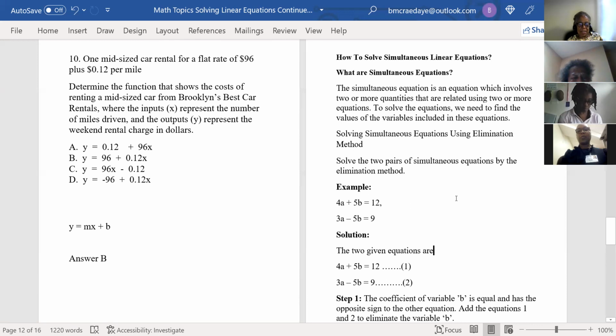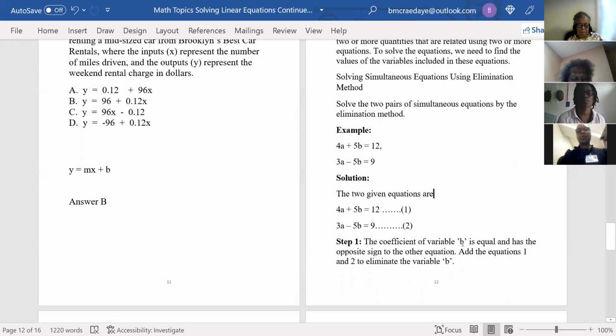So you can add the equations to eliminate the 5b. 4a plus 5b is 12, 3a minus 5b is 9. So you have equation 1, equation 2. But the coefficient of the variable b is equal. Same thing, 5, 5.